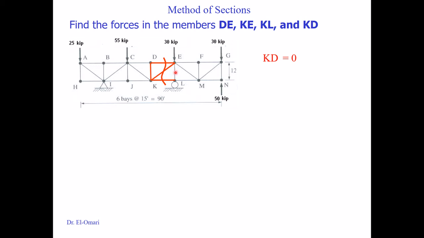If we decide to work with the right hand side, you notice that there is a support reaction there that you have to work with. Then before taking the cut and drawing this section alone, you have to find first the support reaction. So finding the support reaction comes from the whole system.